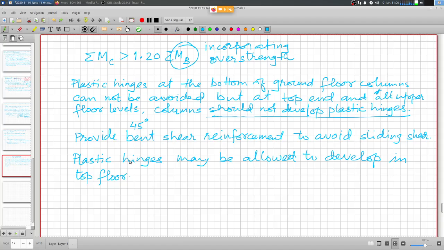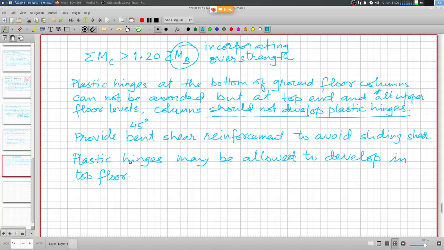and allow longitudinal steel to yield. Now, why is this allowed in the top floor? First thing is, at the top floor, it is possible to achieve large curvature ductility even with very little reinforcement, very little confinement, obviously because there is not enough axial load to support.